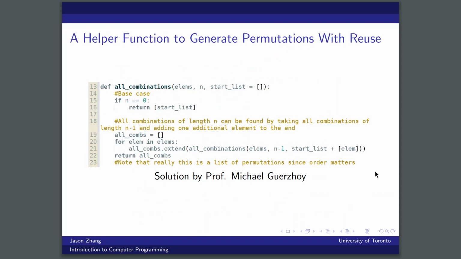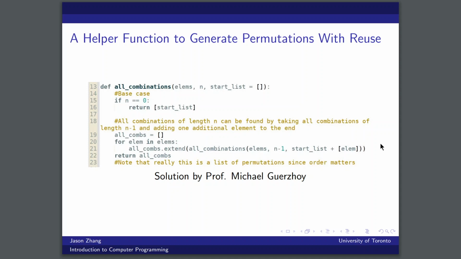this is a helper function that will generate permutations with reuse, and we'll use this to generate all possible permutations of our operations. It does this recursively, and essentially, to generate all combinations of length n, we can take all permutations of length n-1 and add one additional element to the end.